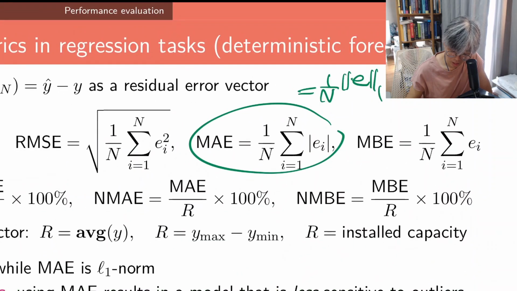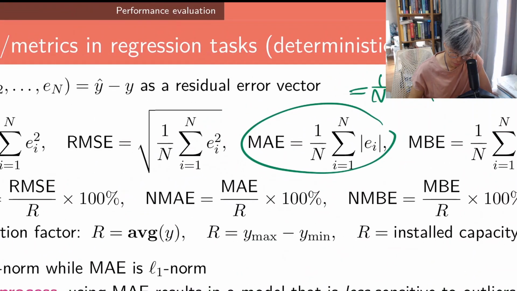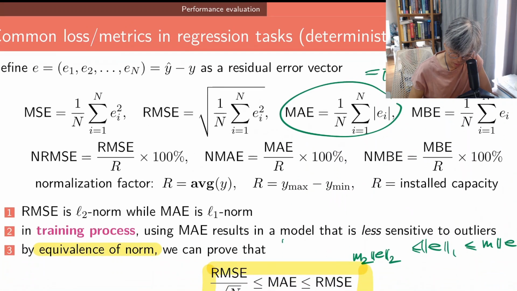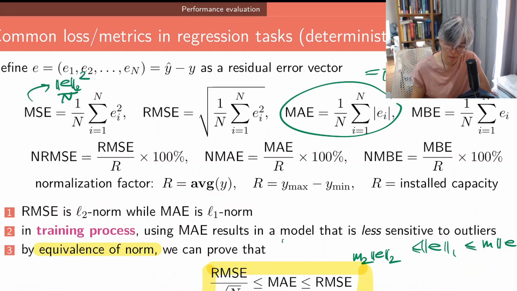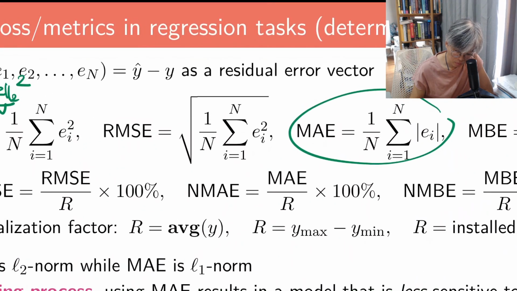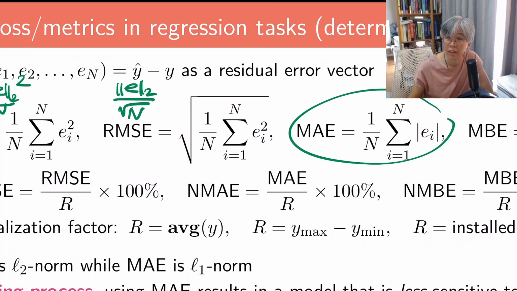Okay. On the other hand, for MSE, this is the 2 norm square over n, right? For RMSE, it's the 2 norm divided by square root of n.